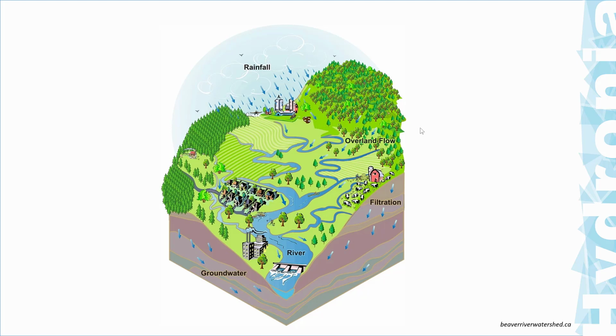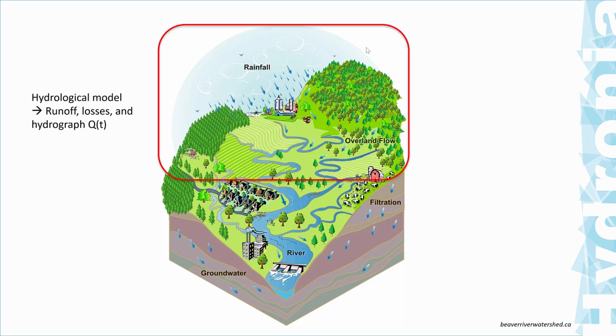Okay, so getting more into the conceptual model in Hydrobid Flood, the traditional approach of hydraulics and hydrology has been over the years to use a separate computation for the hydrologic components.